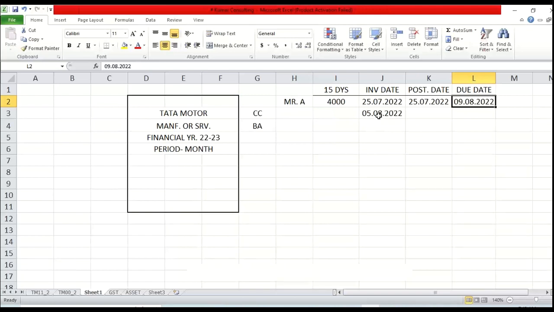But there is a problem. Where is the problem, guys? Let's suppose whenever any invoices are posted, a tax is also going to be imposed.